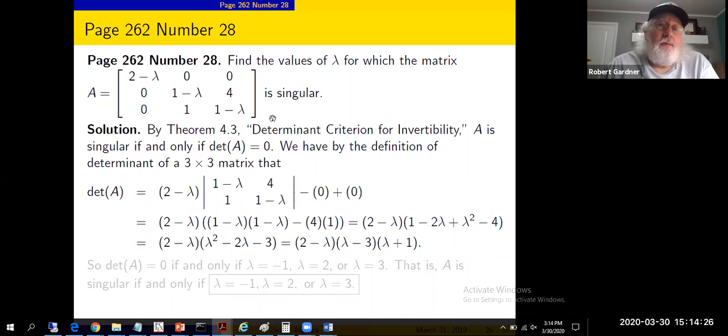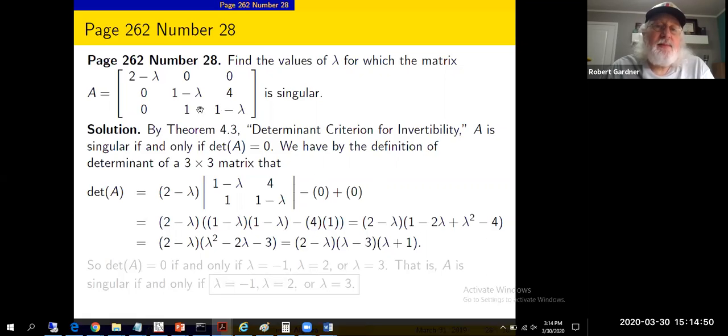Okay, so here's a 3x3 matrix. We'll take its determinant and set it equal to 0. That'll give us an equation involving this lambda that we're looking for. All right, determinant of a 3x3 matrix. I'd say expand along the first row or the first column. It doesn't matter, we get the same computations either way.